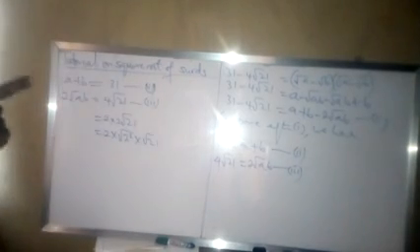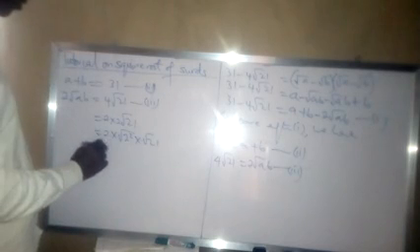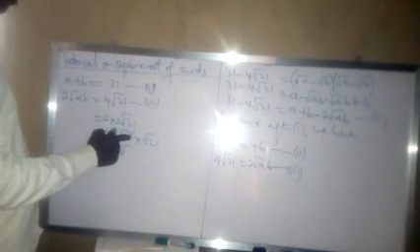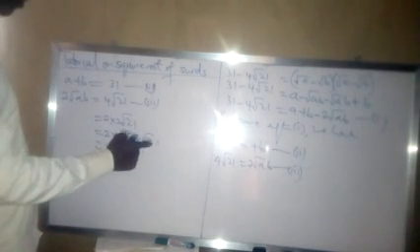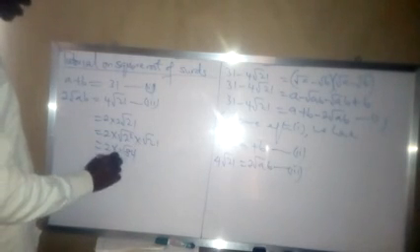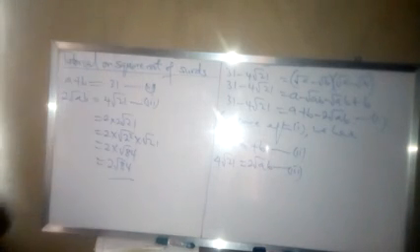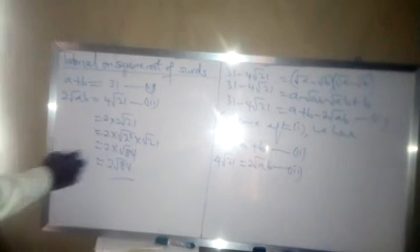We have discussed this in one of our previous videos. So this will go 2 times root of 2 times 2, which is 4, and 4 times 21 is 84. So 2 root 84. So 4 root 21 is now equivalent to 2 root 84.